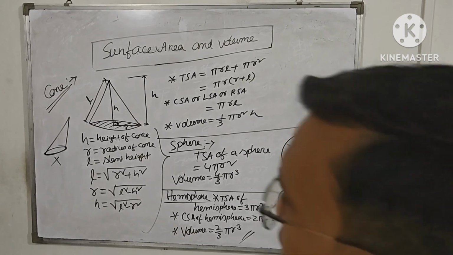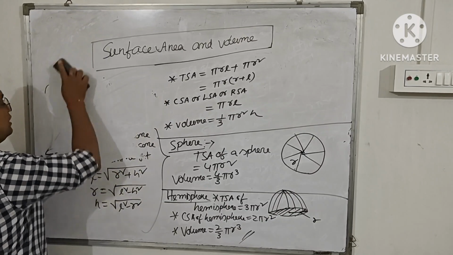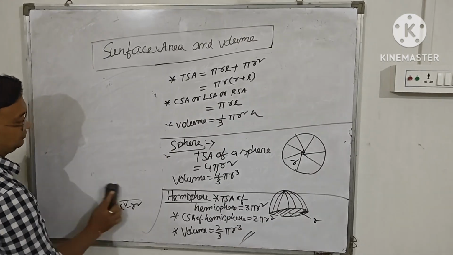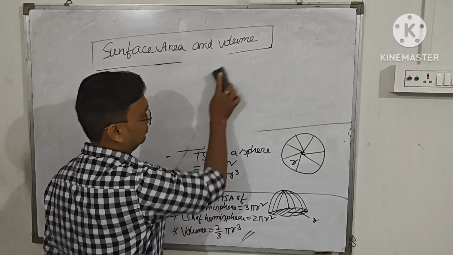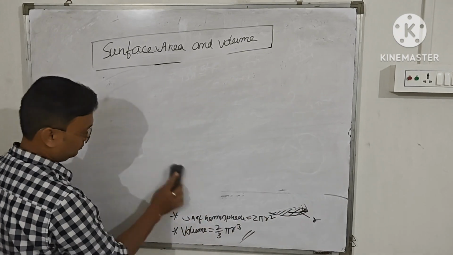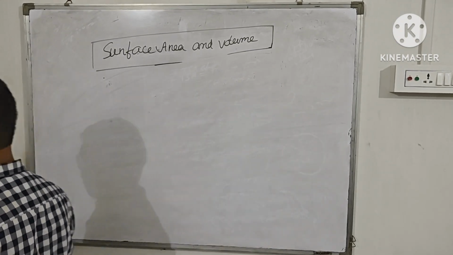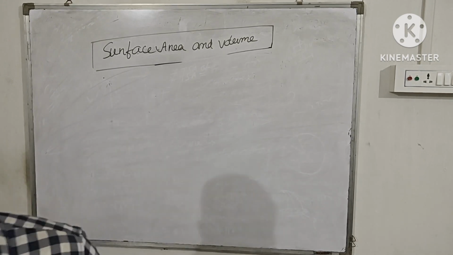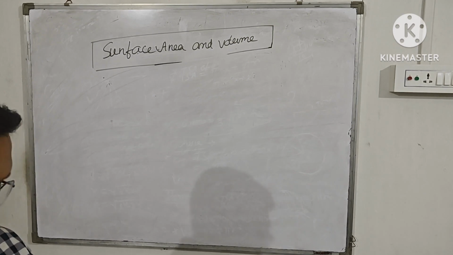So we are going to start the exercise. First question is the diameter of the base of a cone.